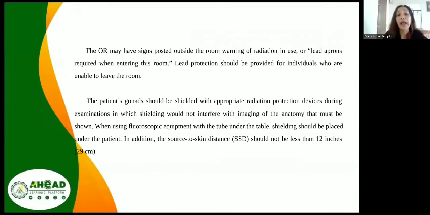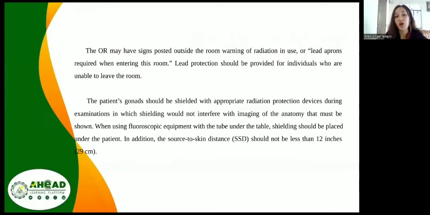The OR may have a sign posted outside the room warning of radiation in use, or lead aprons required when entering this room. Lead protection should be provided for individuals who are unable to leave the room. The patient's gonads should be shielded with appropriate radiation protection devices during examinations in which shielding would not interfere with imaging of the anatomy that must be shown.